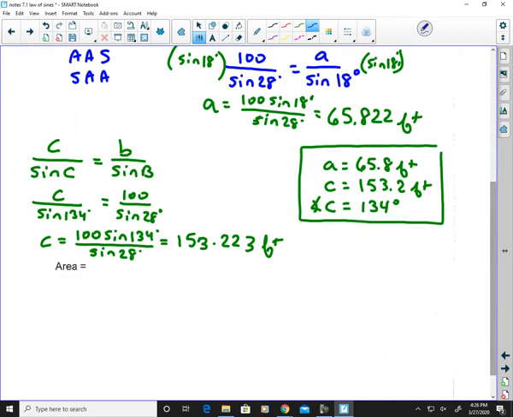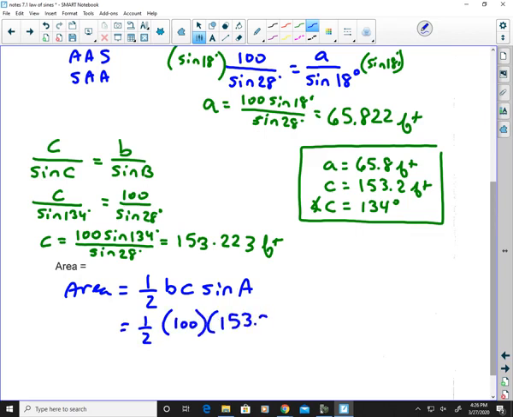So my area will be 1/2, and I'm going to be using angle A. So I need side B, side C, and the sine of angle A. So 1/2 B was 100. C was 153.223.